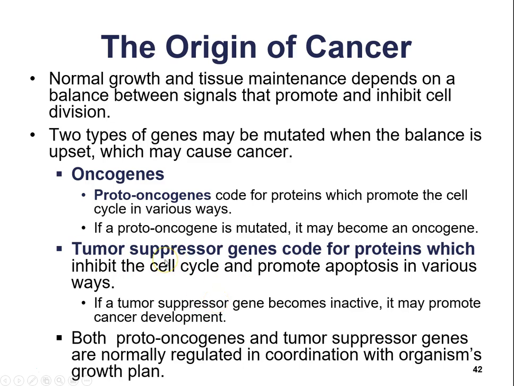Because if a tumor suppressor gene is normally supposed to slow down the cell cycle, but a mutation has occurred to make it ineffective, it will not be able to slow down that cell cycle, and therefore can lead to cancer. So you can see these are two different types of genes, and mutations that have different effects on them can lead to cancer.